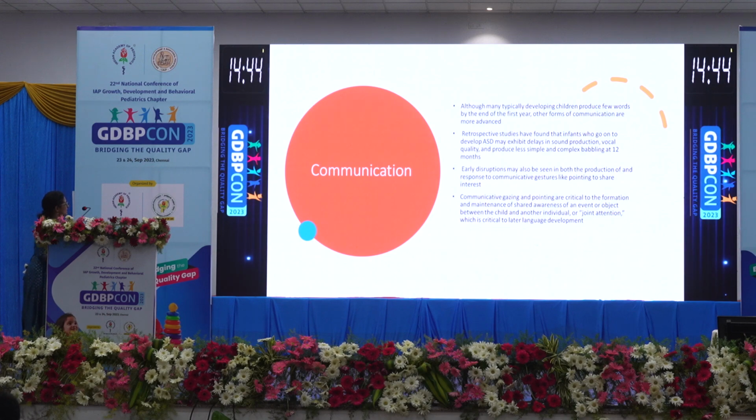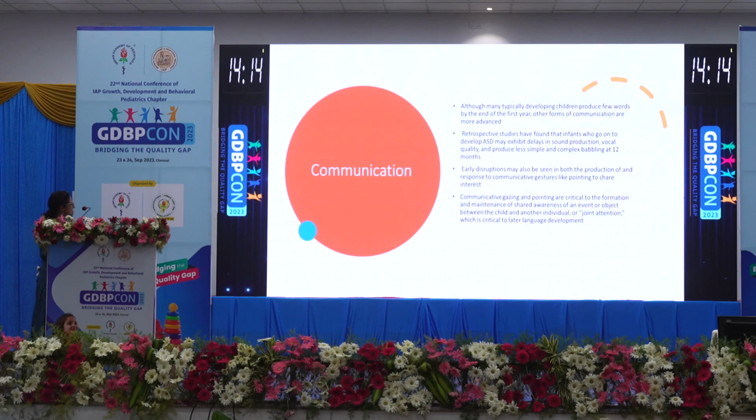The next is communication. Many typically developing children produce a few words by the end of 1 year. But in this 1 year of life, it's not just one word at the end of 1 year, as we do in our exam. That is not the gold standard. There are other forms of communication. Retrospective studies have seen that infants who go on to develop ASD may exhibit delays in sound production and vocal quality.